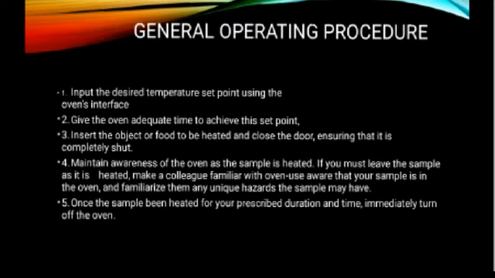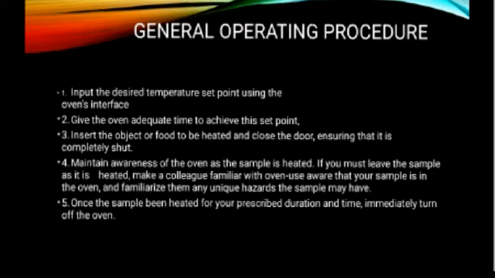General operating procedure. Input the desired temperature set point using the oven interface. Give the oven adequate time to achieve this set point. Insert the food to be heated and close the door, ensuring that it is completely shut. Maintain awareness of the oven as a sample is heated.